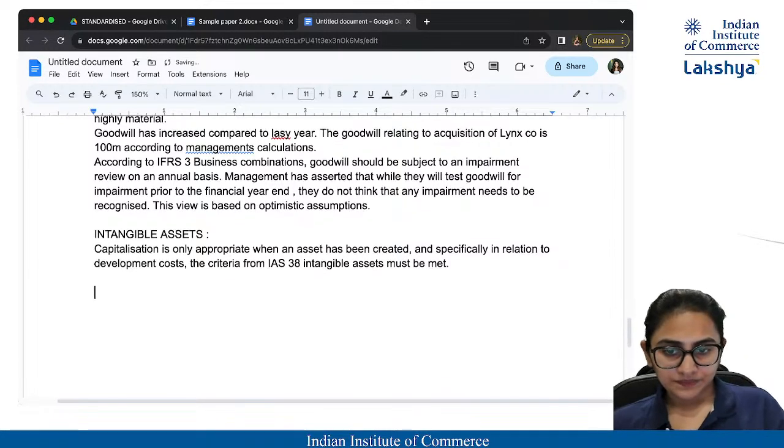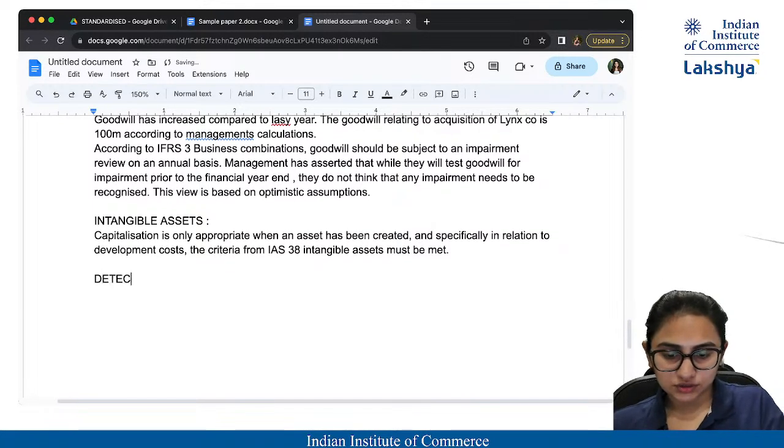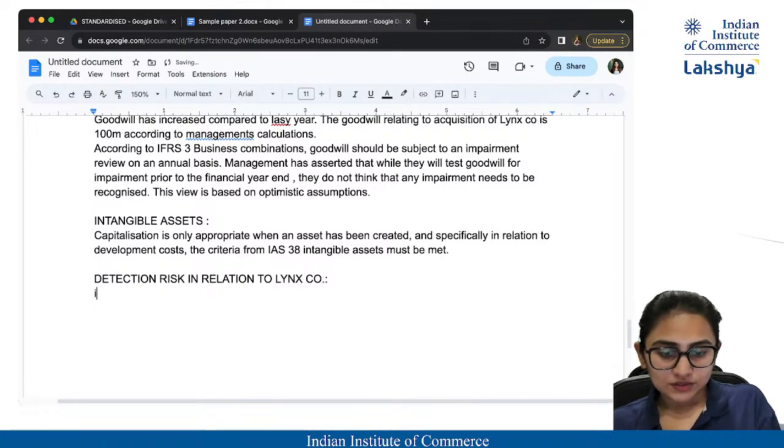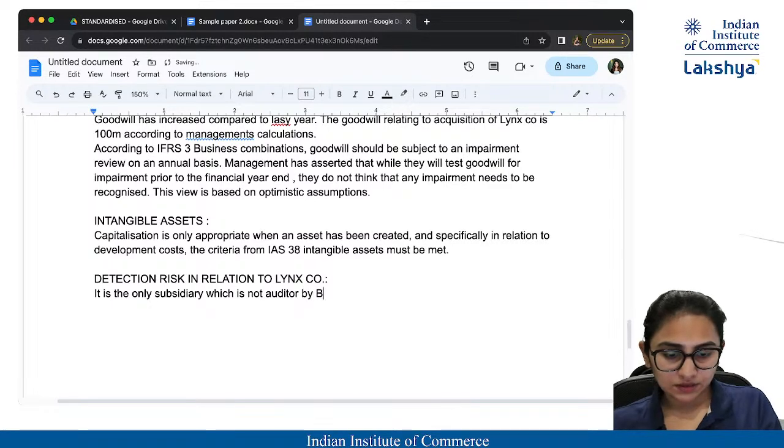Then one more, detection risk in relation to Links company. It is the only subsidiary which is not audited by the same company.